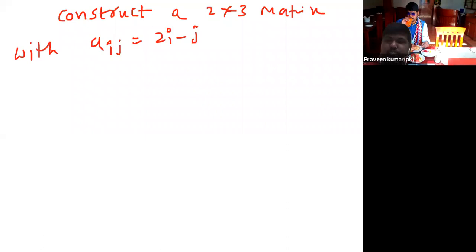One, zero, minus one. Okay. First row correct, Dikshita. 3, 2, 1. Okay. Correct, Divya. Correct, Vandana. Correct, Shilpa.